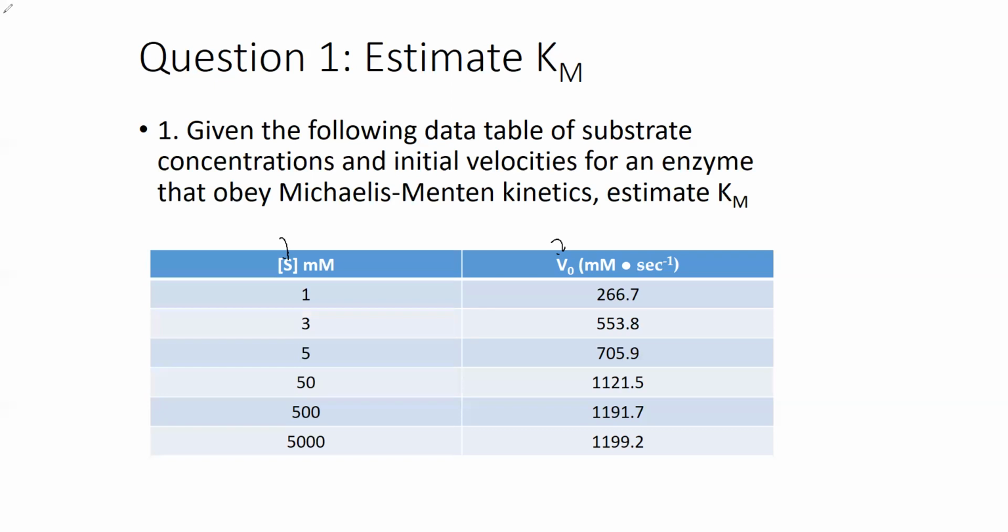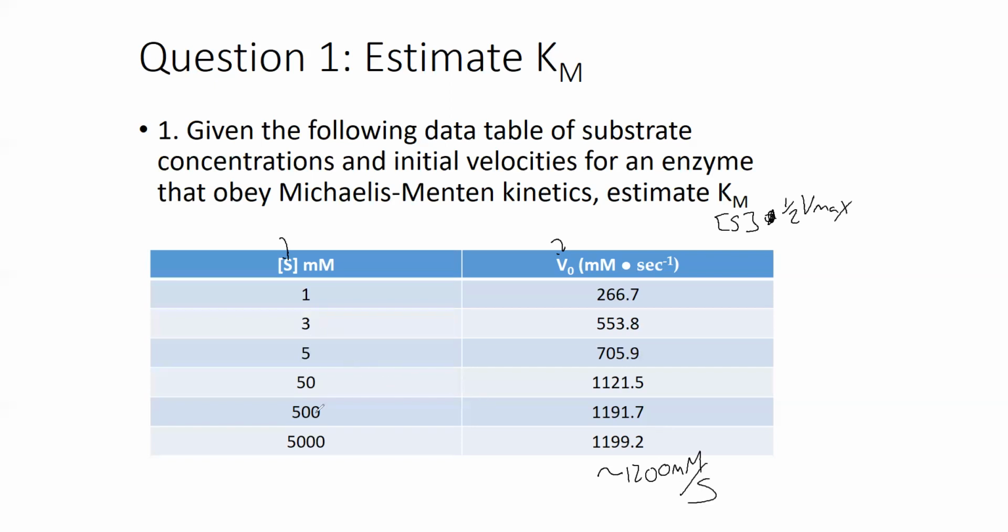All right, so let's remember what Km is. Km is the substrate concentration you need to go 1/2 your maximum velocity. If we look at this table, we can estimate our maximum velocity is roughly 1200 millimolar a second.